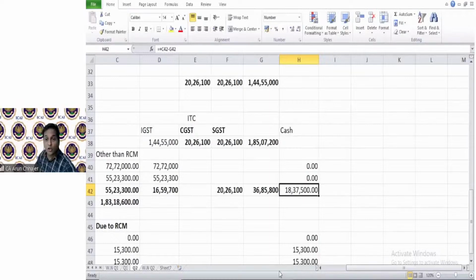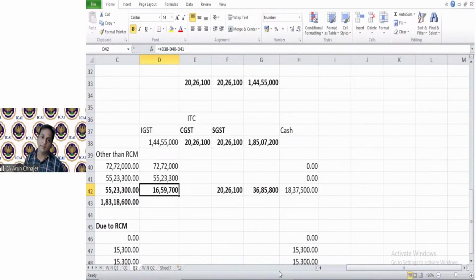This is not absolutely correct. You may use this, there is no problem. But if you would like to effectively use the input tax credit, then, as per Section 49A, 49B, read with Rule 88A and Circular 98, I am combining these four things.